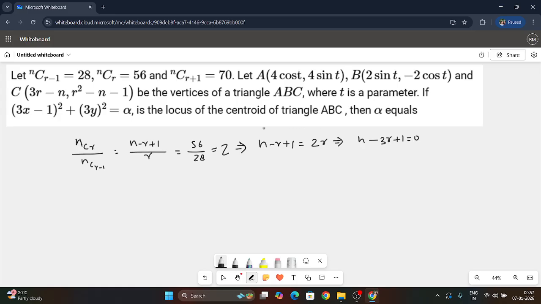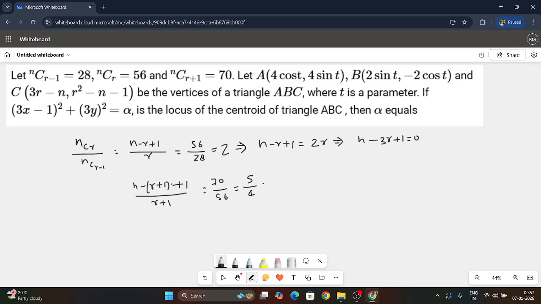Now you can take nCr and nCr+1. Here, in place of r, this is going to be r plus 1, and r plus 1 minus 1 is r. So it is going to be (n minus r plus 1) by (r plus 1) equal to 70 by 56, and you can cancel it.